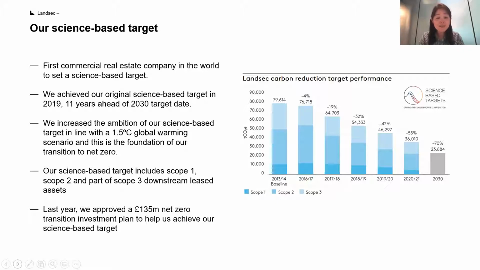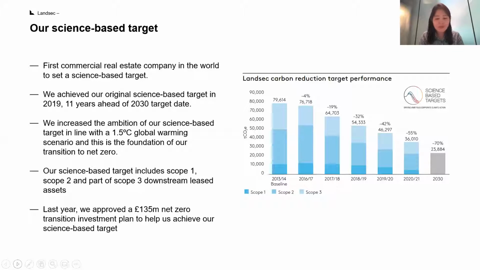Third, increasing on-site renewable generation by installing solar PVs across our shopping centers. And finally, developing a customer engagement program to help our customers identify opportunities to reduce energy and carbon within their space. That's quite important for us to make sure that we are meeting our science-based target.